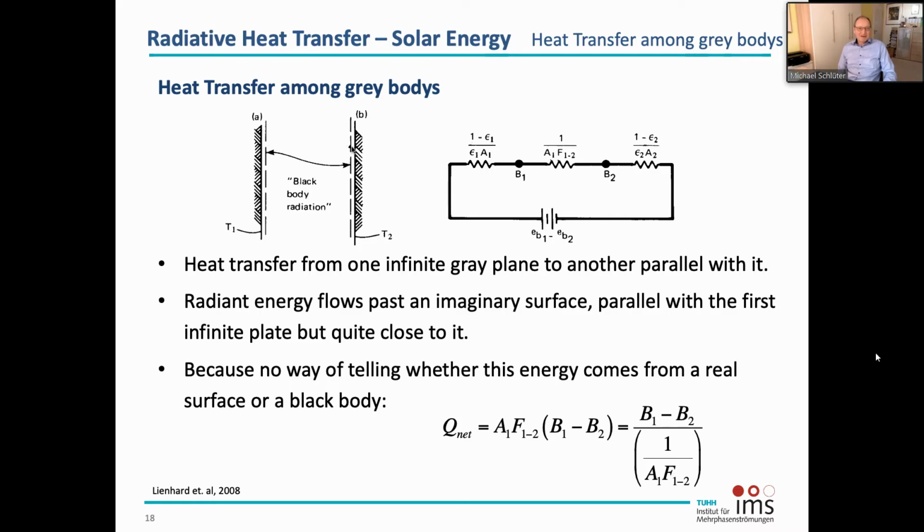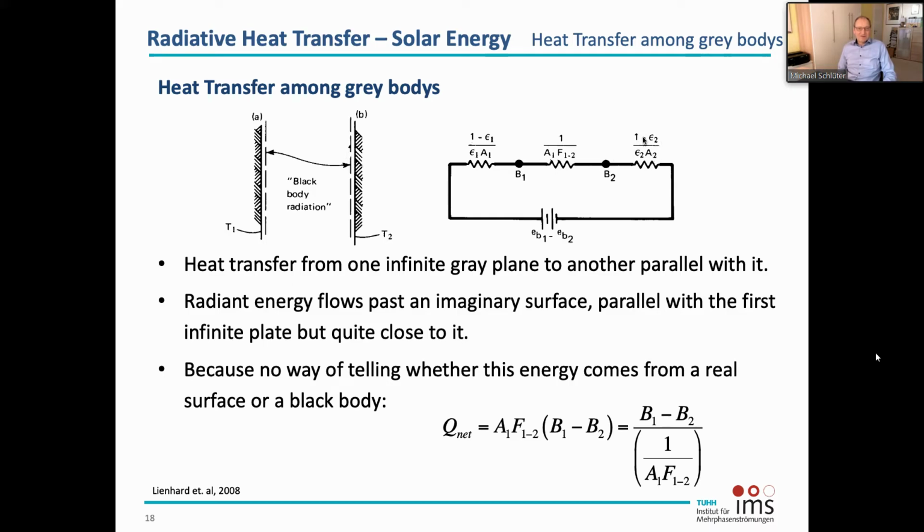Then we have something in between the plates, and this is addressed with the view factor. So we have 1 divided by A1 multiplied by the view factor from 1 to 2. This is here in between. Then we have another resistance that changes once again from the realistic gray body to the black body.